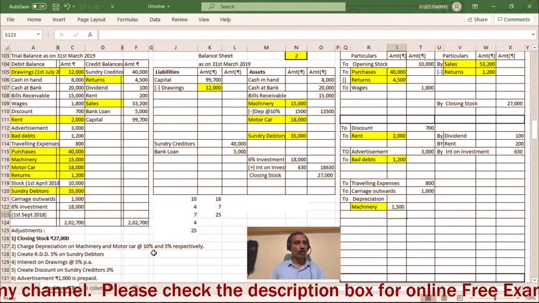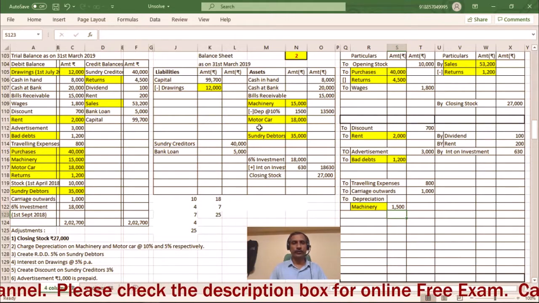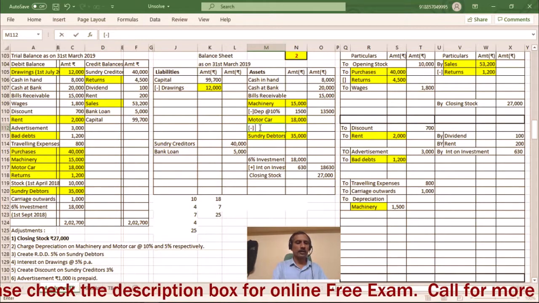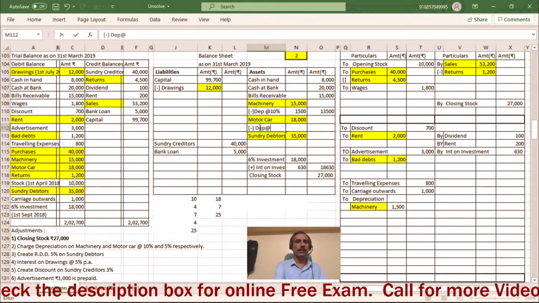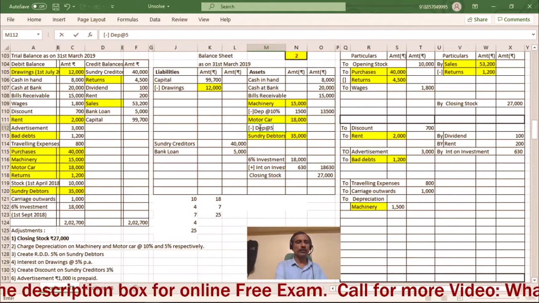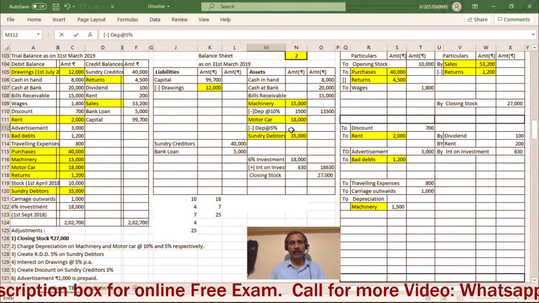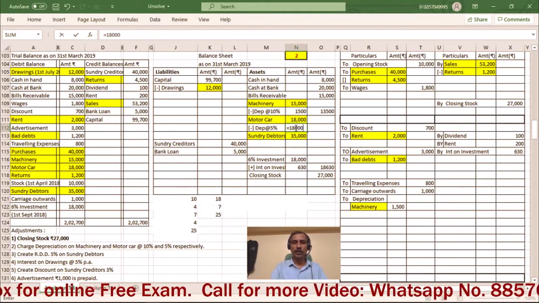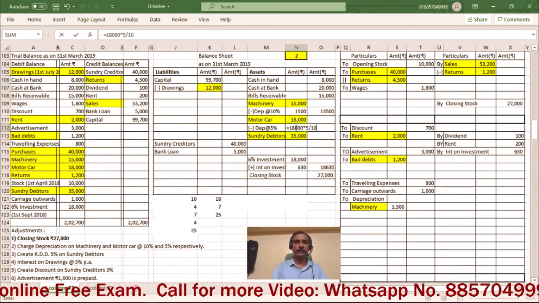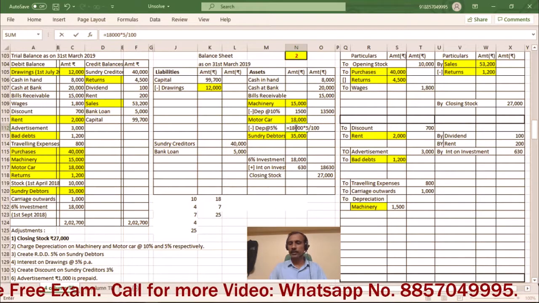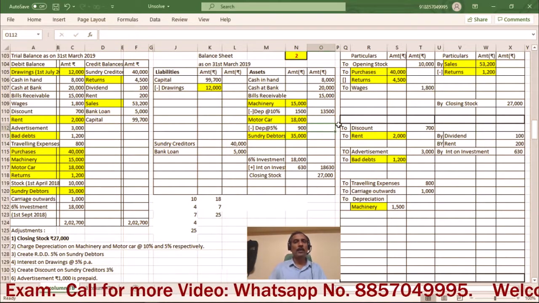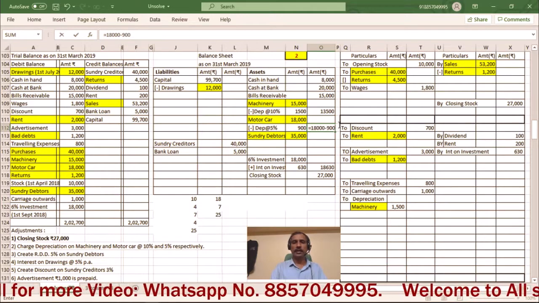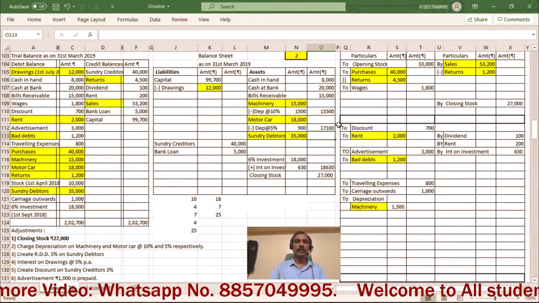Then motor car 5%. So here we have to show less depreciation at the rate of 5%. So the amount will be 900. How are we going to calculate? 18,000 into 5 upon 100. 5 18s are 90, means the amount will be 900, and so 18,000 minus 900 means 17,100.